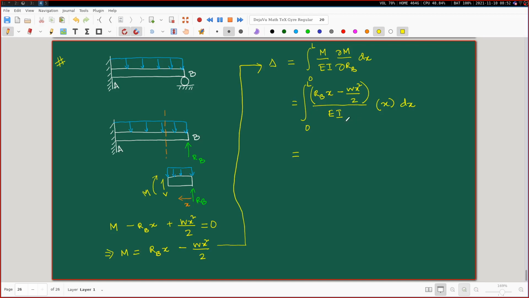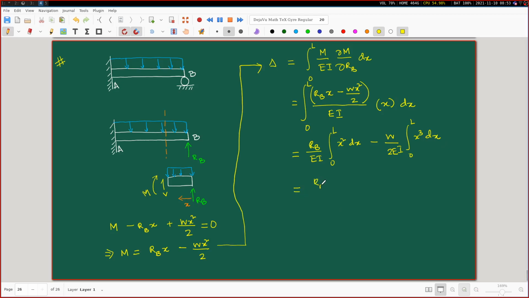So I will do this integration separately. I will take the RB by EI out of this first bit of the integration. Fine.